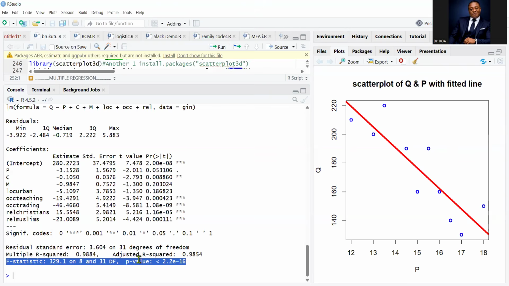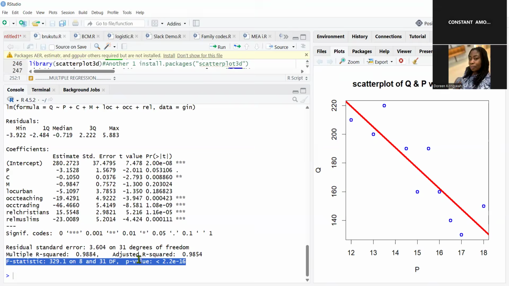The rule is that when the p-value is less than 5%, it's significant. Jointly, they are significant because their joint probability is 0, less than 0.05. Very good. So since the p-value of 0 is less than 5%, we can say that the independent variables are jointly significant.